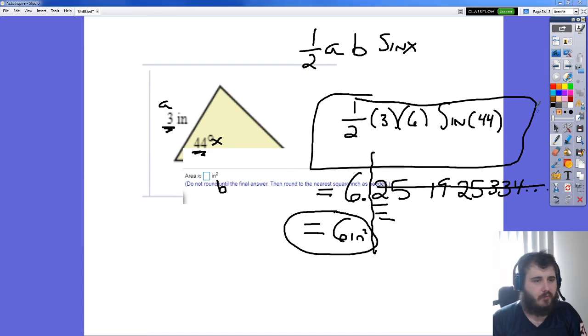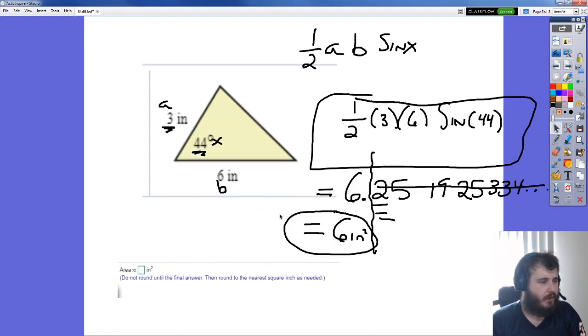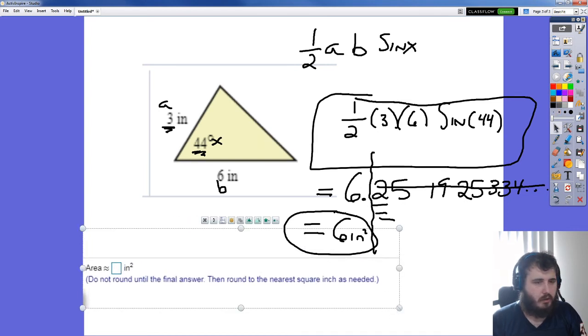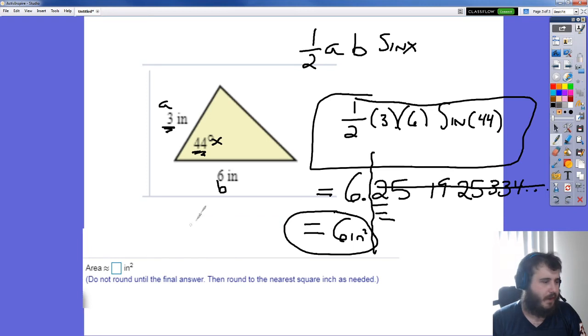For what they give you down here, they give you the inches squared, so don't put inches squared in the box. Since these are my numbers, this is my answer, when I type it in, I can just put the number 6, because they want us to round to the nearest square inch.